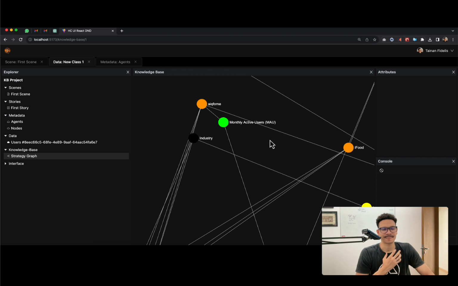And with that kind of data, it would be much clearer for the decision maker to understand where his business unit is and what he can do to achieve better results or to position his business unit better in the market, in the scenario.